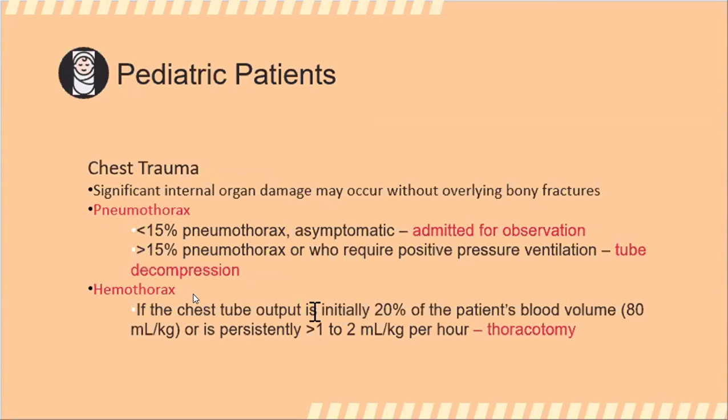For hemothorax, this is the indication for open thoracotomy. So sa adult, 1,000 penetrating, 1.5 equivalent. Sa bata, if 20% of the blood volume is evacuated or 1 to 2 ml per kilogram per hour, open thoracotomy is indicated.